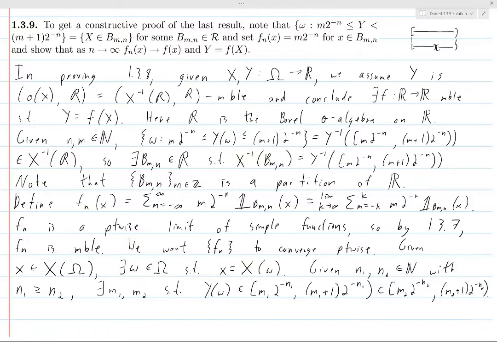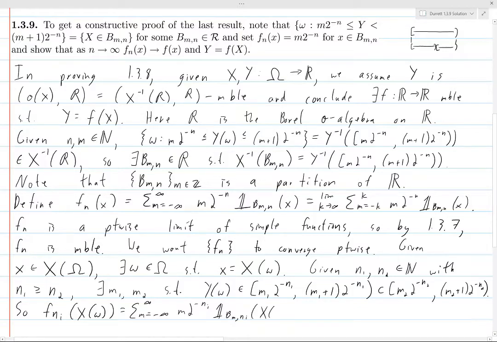So Y of omega is in both of these sets. So F_{n_i} of X of omega, remember, this is the sum from m equals minus infinity to infinity of m 2^(-n_i) times the indicator function of B_{m,n_i} of X of omega.